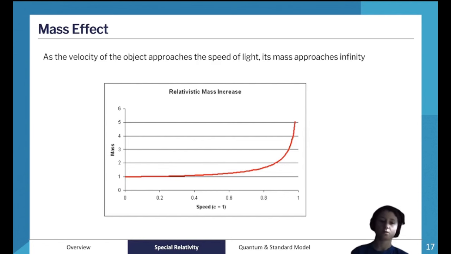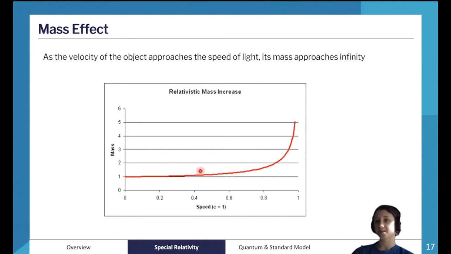As you can see, when the speed is very, very small or close to zero, the mass is 1. As the speed increases, and particularly by the time we hit a half, it really starts to increase.